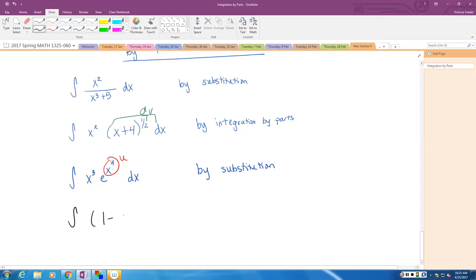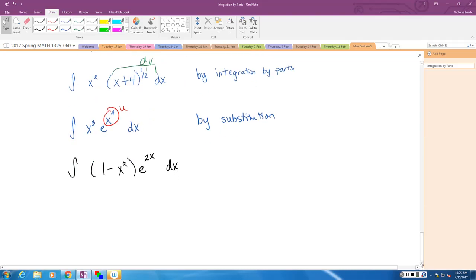The integral of 1 minus x squared, the quantity, times e raised to the 2x dx. Substitution or integration by parts? Tricky. Let's come to a consensus.